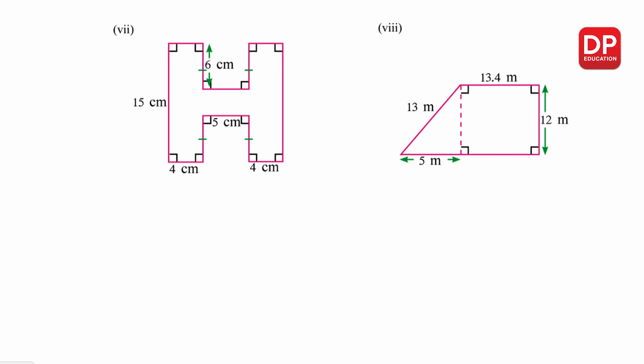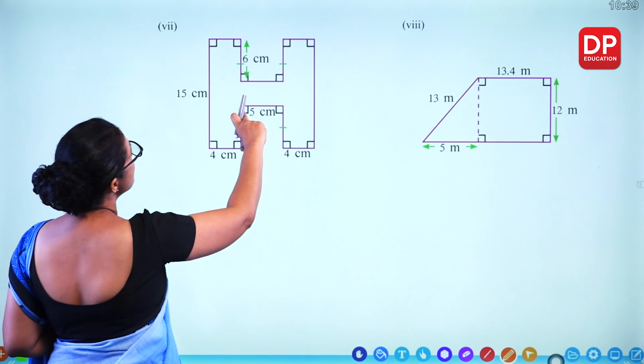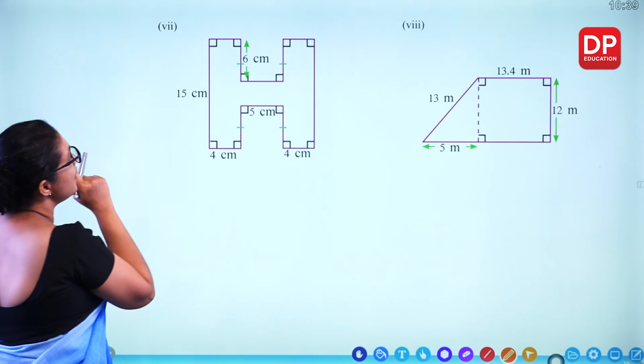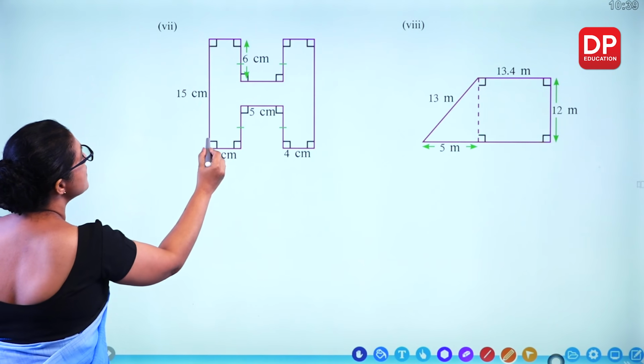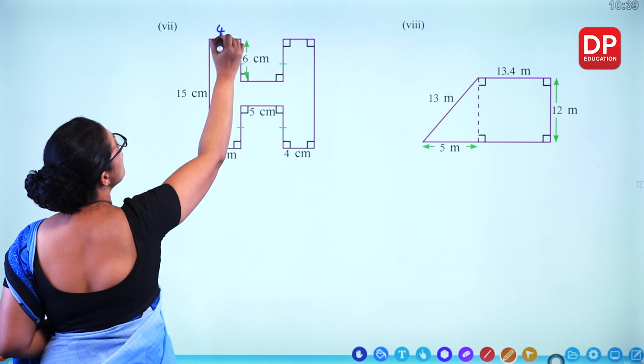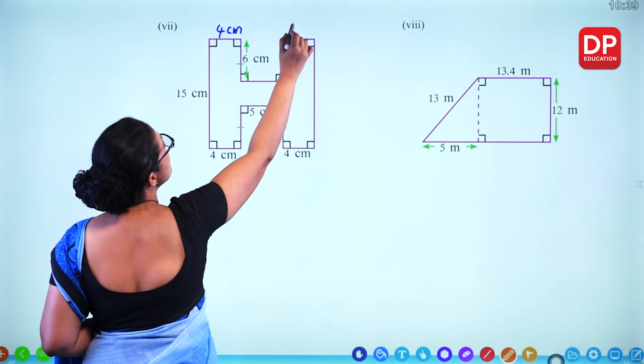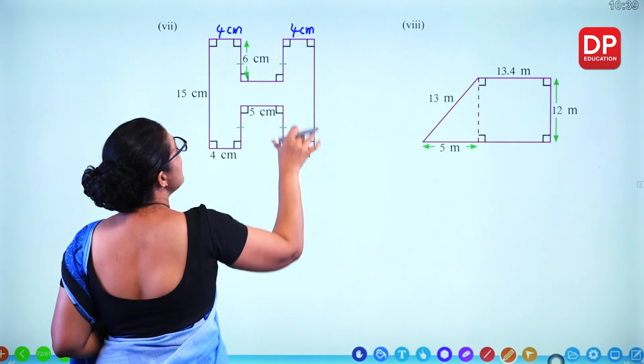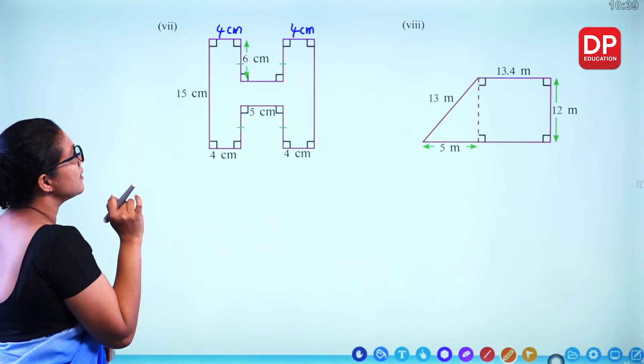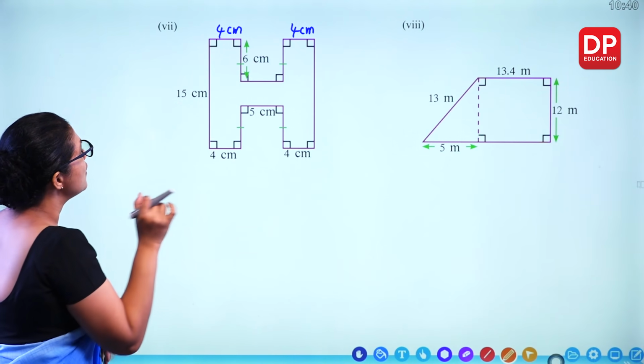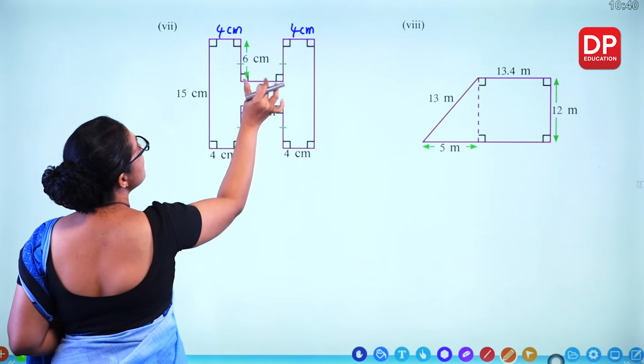This figure, all lengths are given. So this is given and which side is not given? Here this is 90 degrees, means this is 4 and this is 4. Same length. This is like a rectangle. So all lengths we know. This is 5. This is also 5.